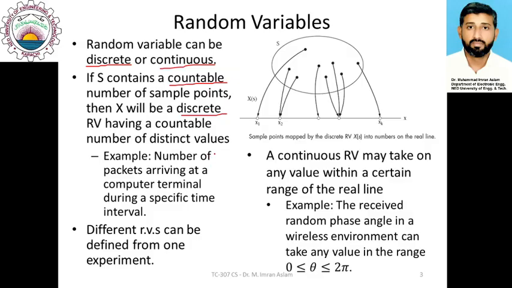One example is the number of packets arriving at a computer terminal during a specific time interval. The number of packets will be a discrete number. For example, there are 5 packets arriving or 100 packets arriving, but it cannot be an arbitrary number. So it will take only discrete values.